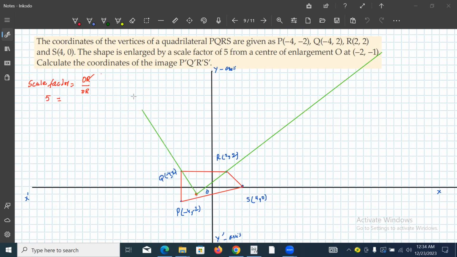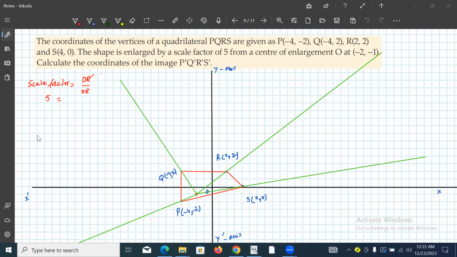I need slightly bigger lines because the scale factor is big, 5. And the last line. This is not that big, but anyway, it makes sense now.